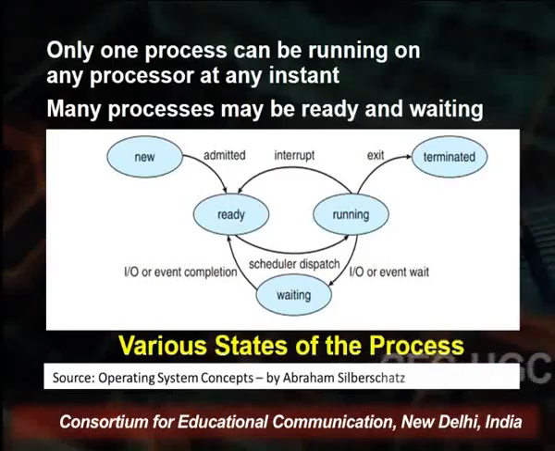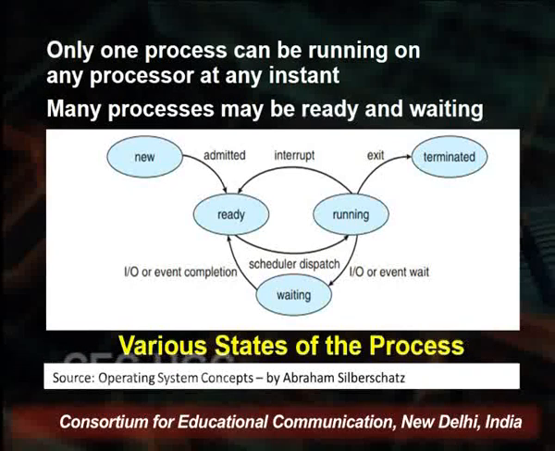Now, as I told you, when a process executes, it is inevitable that the state will be changed. There will always be a change in the state when your process is under execution. But please remember that there will be only one process which can be running on any processor at a time.